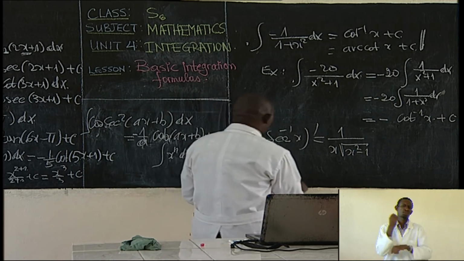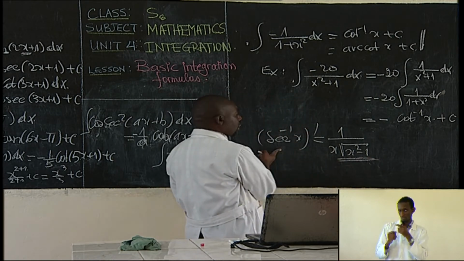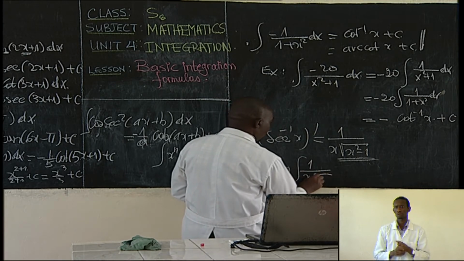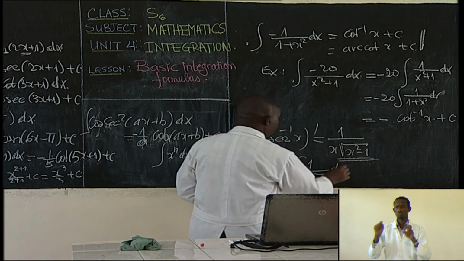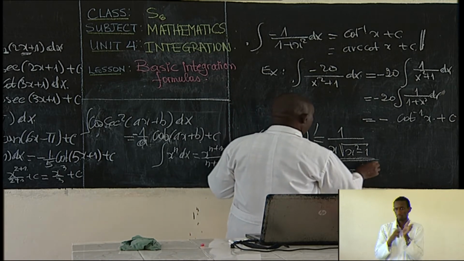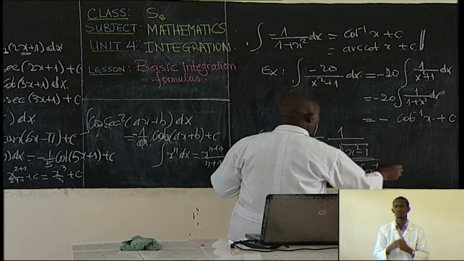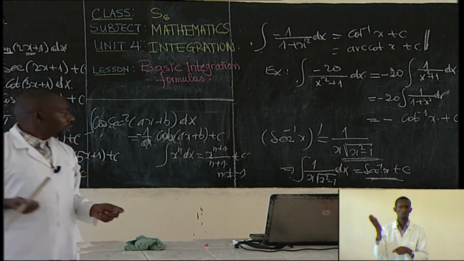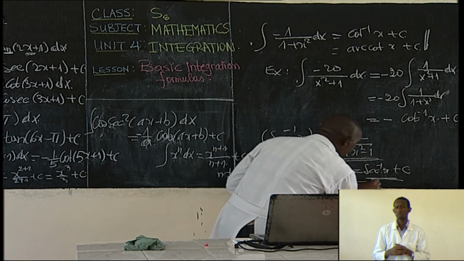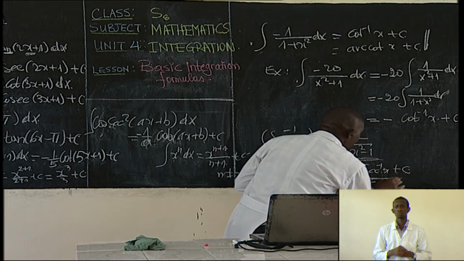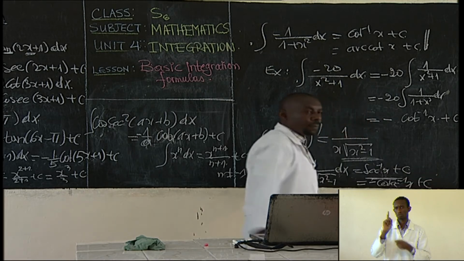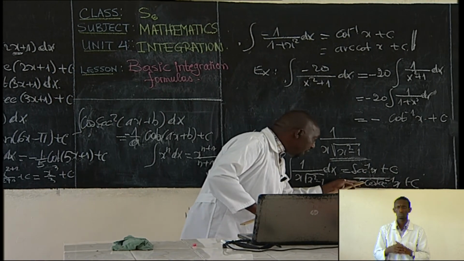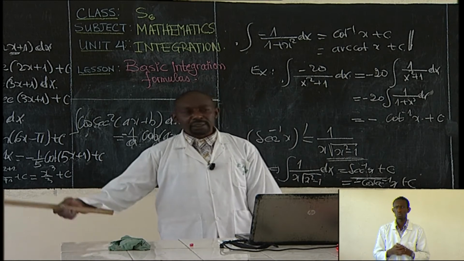It means that if this is the derivative of this function, the integral of 1 divided by x times square root of x squared minus 1 dx is equal to sec inverse of x plus c. It is what you have here. Or negative cosec inverse of x plus c, because if you differentiate this function, the negative sign disappears and you get the same.